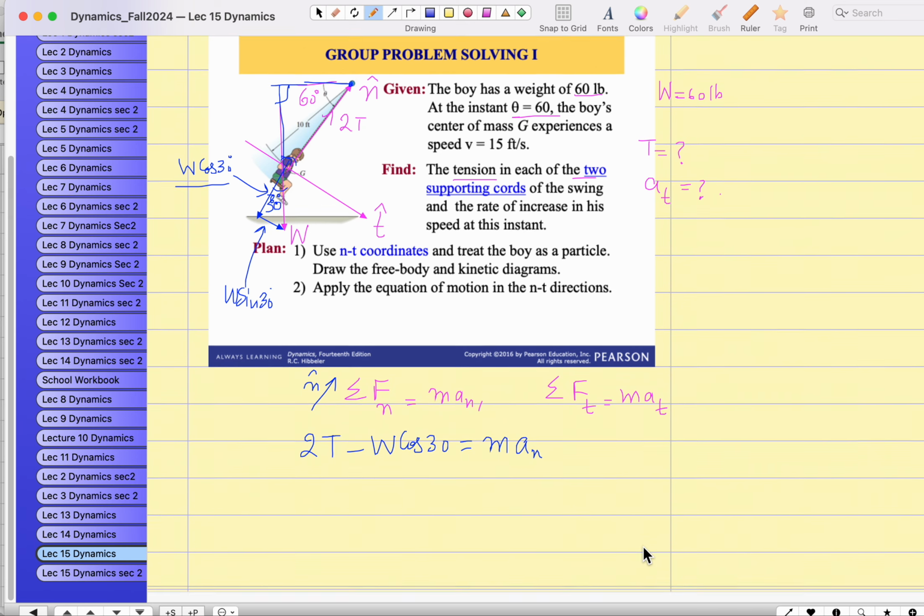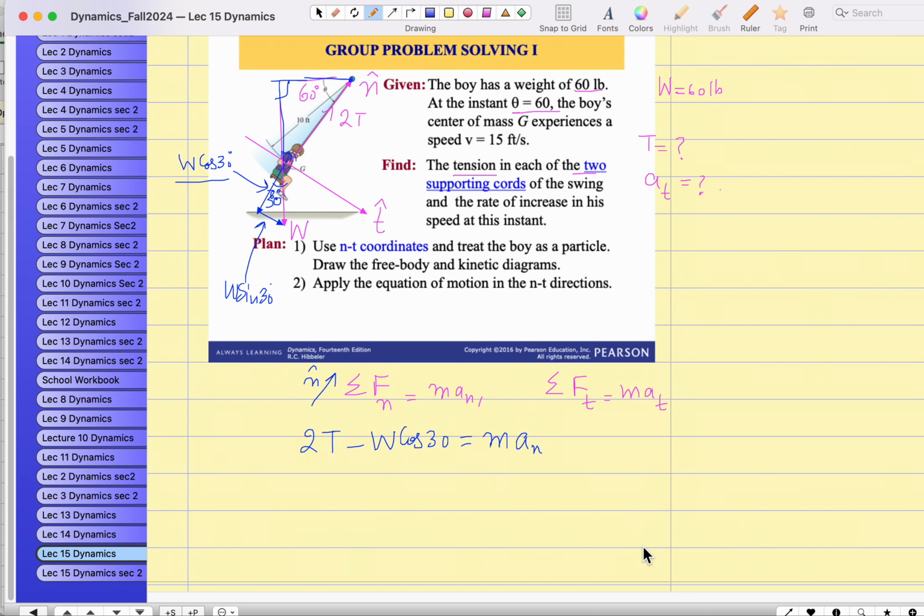Now it's not given directly, but you know that the acceleration normal can be found from the formula v squared over rho, which is the centripetal acceleration. The velocity is given for this boy, it is 15. Rho is the radius of curvature, which is 10 feet. If you closely look, this is a little blurry, it's 10 feet, so I can write down 10 here.